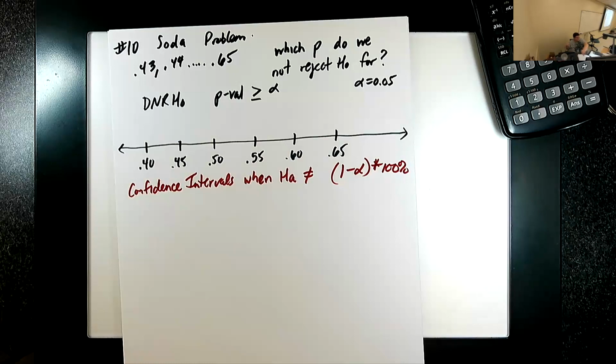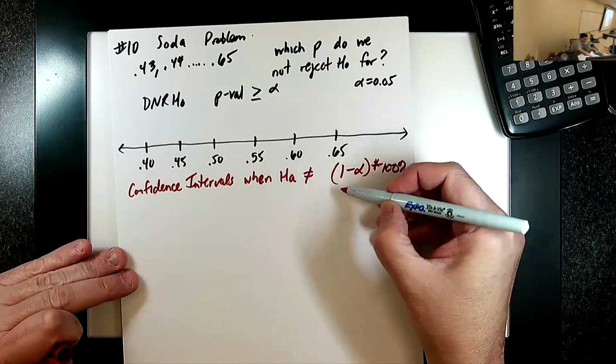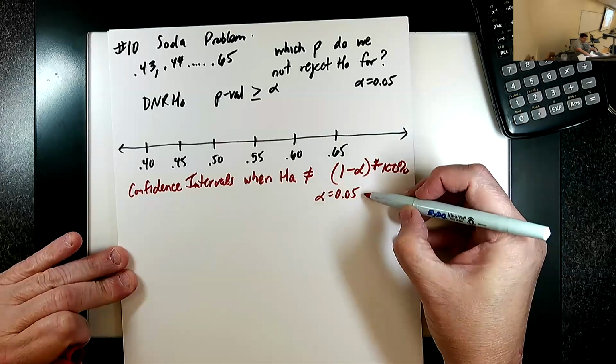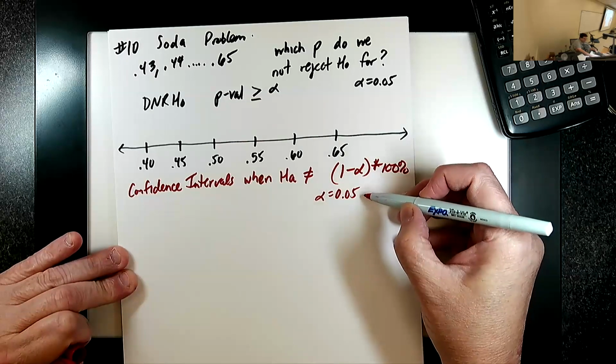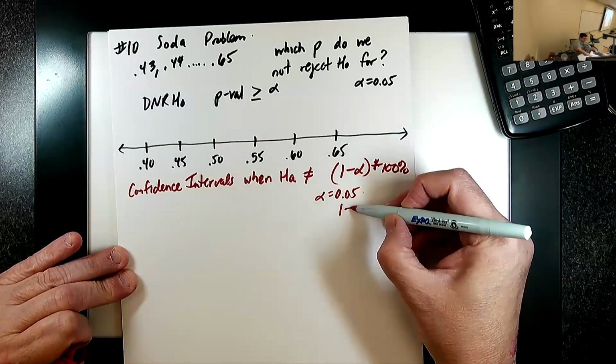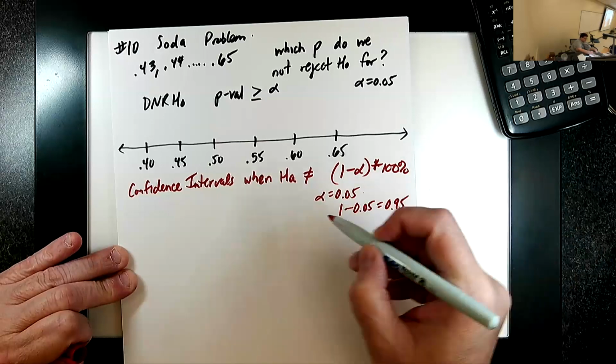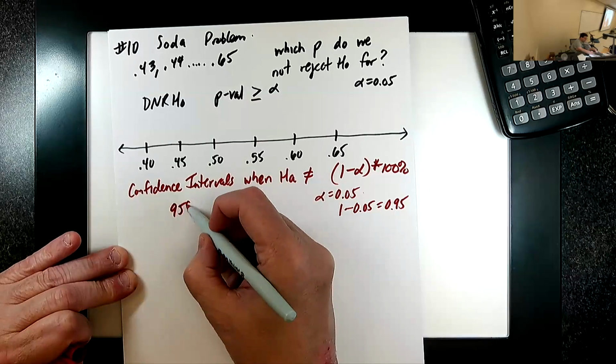Yeah, I did. So if alpha equals 0.05, 1 minus this is 95. So this corresponds to a 95% confidence interval.